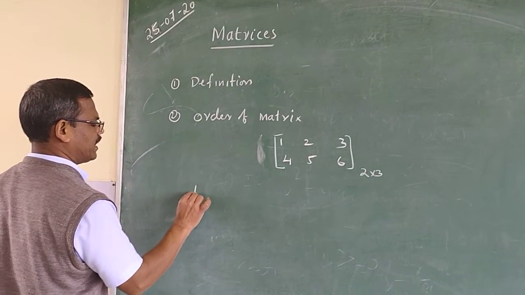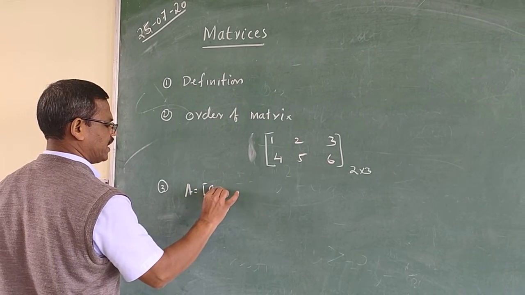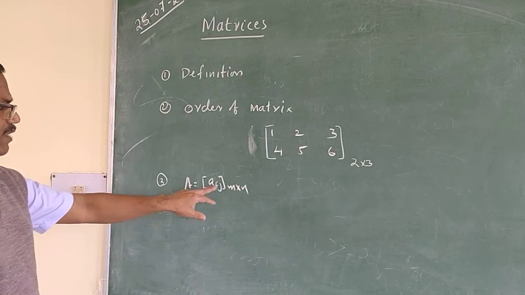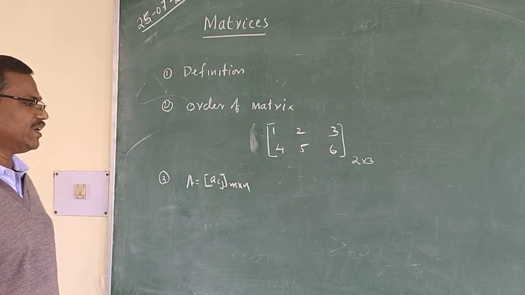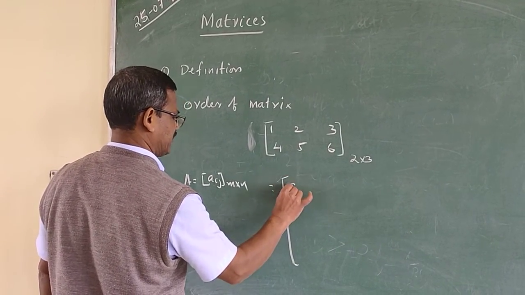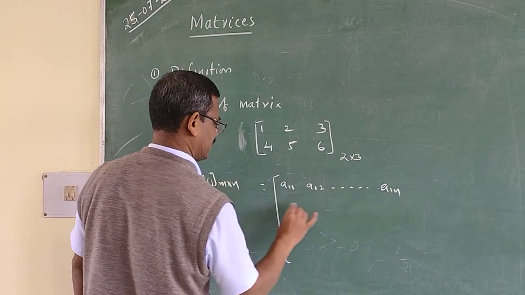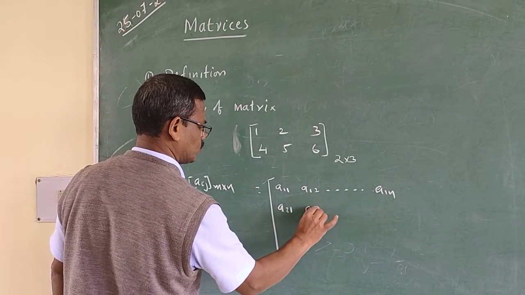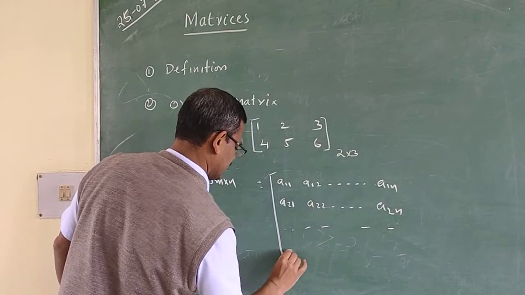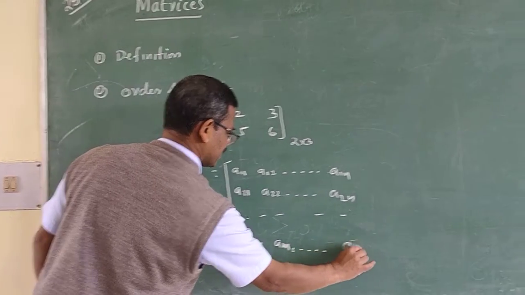The general way of writing a matrix is A equal to Aij of order m by n. That means it is a matrix having m rows and n columns. In detail it will be A11, A12, etc. A1n, A21, A22, etc. A2n, and the last row Am1, Am2, etc. Amn.